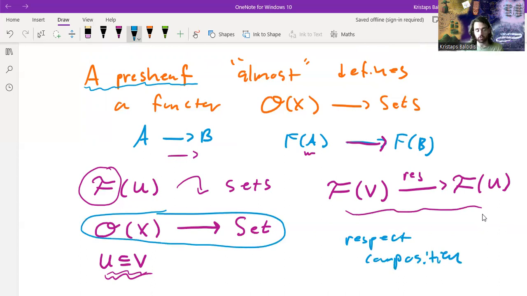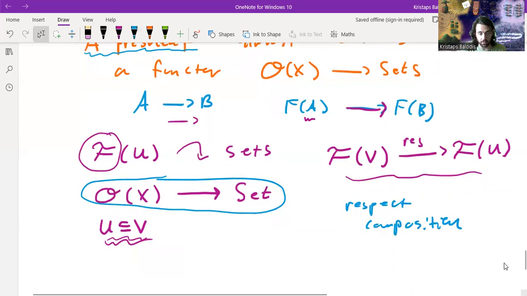It respects the composition of arrows. We have maps from objects to objects. The problem is it flips the arrow around, right? And if that's the only thing that's missing, then we probably want some sort of language to be able to discuss that missing case.